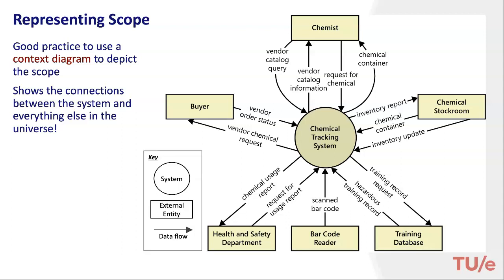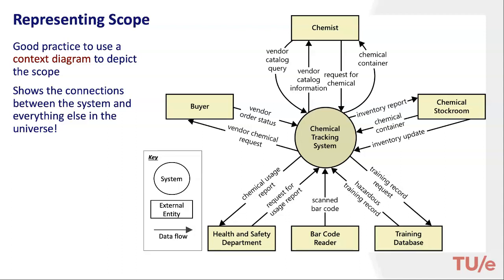It's not always very easy to define the scope, and that's the reason why we are doing it. In many cases, you would see in real life that it is much more difficult than you would think to define a scope, to put a particular functionality in or out of your system. So this context diagram is known to help you in defining that.